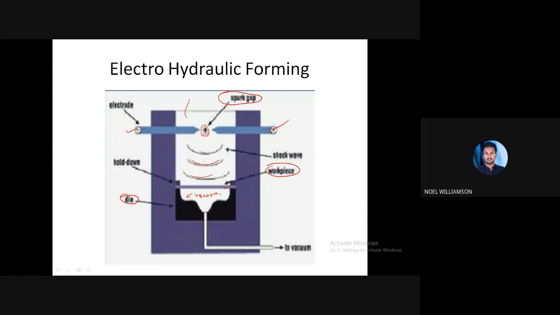While the electric spark is being generated, it vaporizes the surrounding liquid, and it helps to produce the pressure waves or shock waves, and while reaching the workpiece, it gets deformed. So that is the mechanical action. Finally the electrical energy is totally converted into mechanical energy, and the forming operation is conducted.